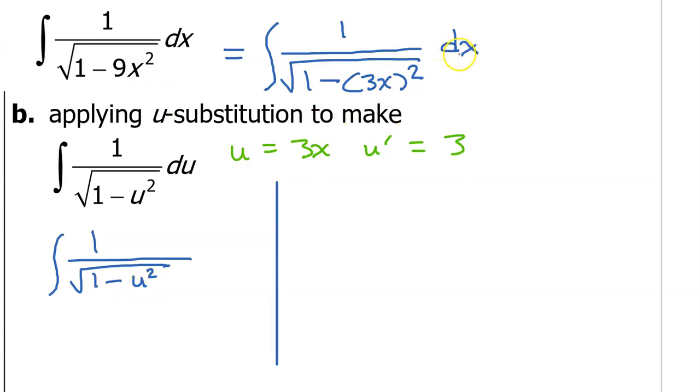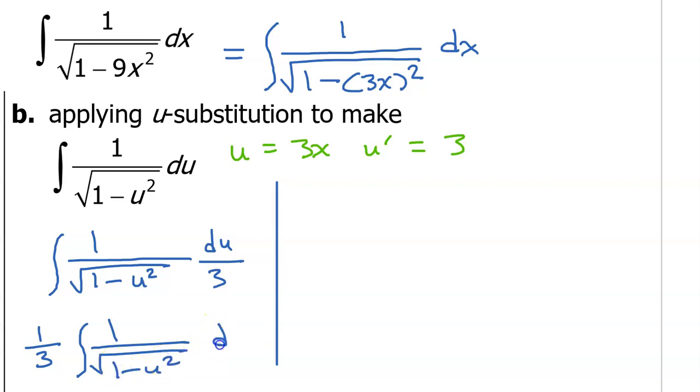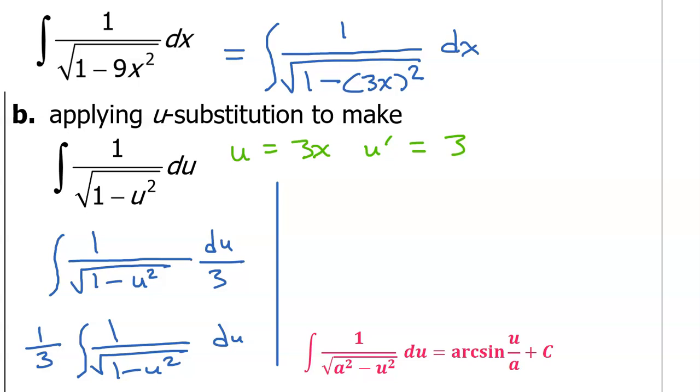Instead of writing dx, we will write du over u prime, which is 3. But actually, we can take this 3 in the denominator and write it out front as a 1/3. So we get 1/3 times the integral of 1 over the square root of 1 minus u squared du. This integral is a perfect match for the rule, so we can go ahead and use this rule to integrate.